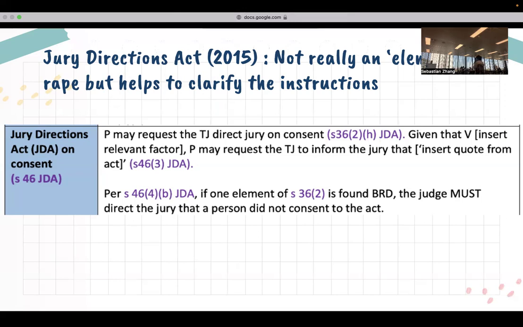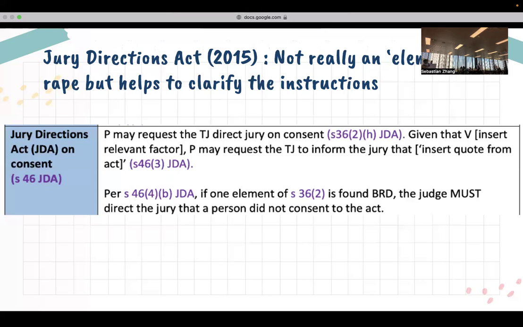Okay, and then given that whatever happened, the prosecutor may require the trial judge to inform the jury that, quote from Section 46(3) of the Jury Directions Act. So for example, in your case that involves the victim did not say or do anything to indicate consent, you will quote Section 36(2)(i) in the sense where there is no consent.